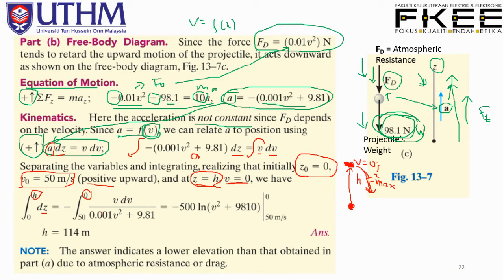So dv over 0.01 v squared plus 9.81. This is actually from this value. So rearrange, go downward here. So we have v dv over all this.